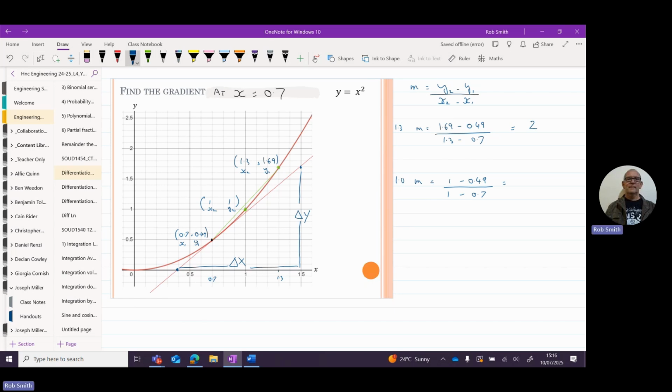So we've got 1, take away 0.49, divided by 1, take away 0.7. That came out 1.7, didn't it? 1.7. That was getting closer to actually what your gradient was, wasn't it? So let's take that one step further.